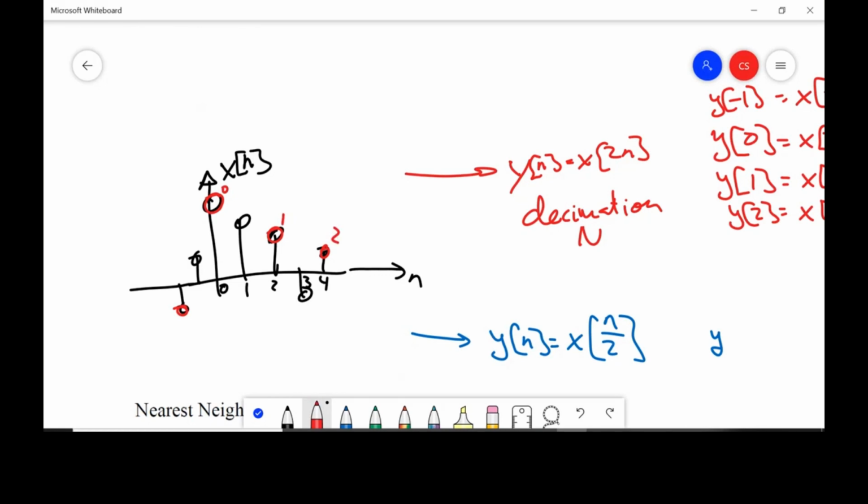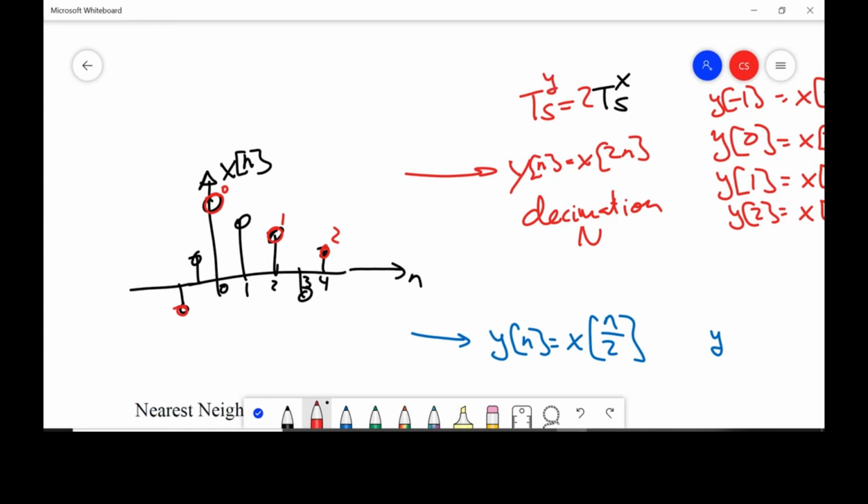It seems that the red signal is faster than the original signal. If you think in terms of sampling rate, the sampling rate of the new signal is twice the sampling rate of the original. This is the sampling rate of x, this is the sampling rate of y.